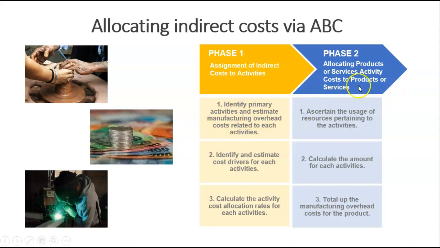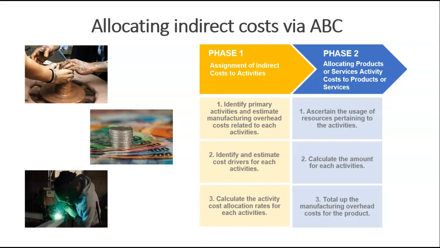Next is you identify and estimate the cost drivers related to the activities. And then you can calculate the activity rate. For your cost, don't worry so much because normally it will be given straight away. What you need to do is just match and calculate the activity rate.